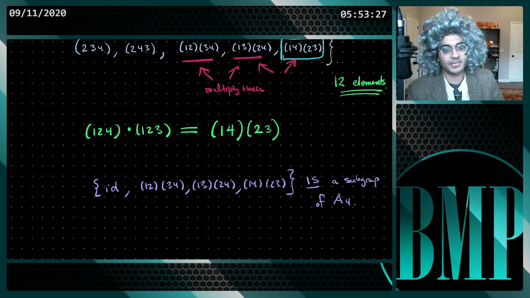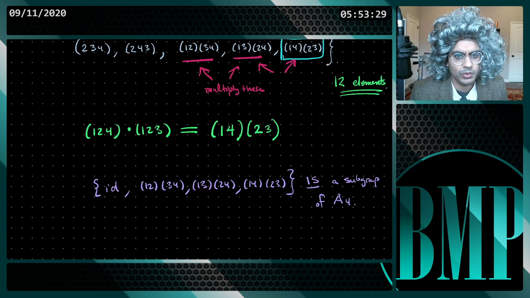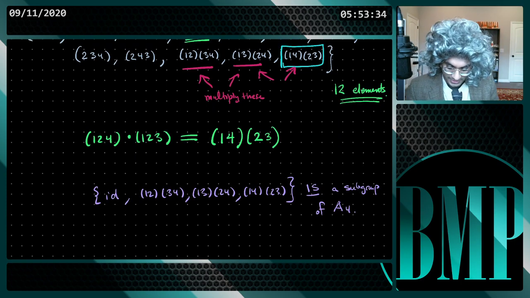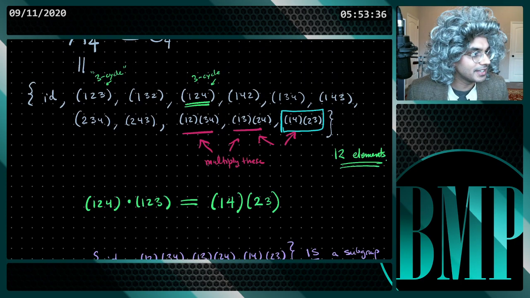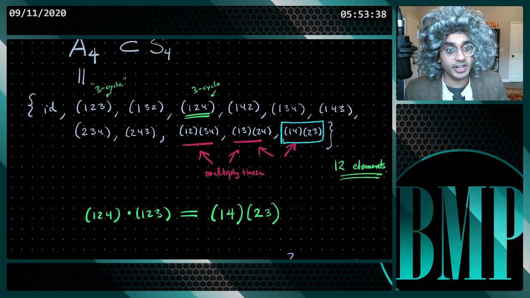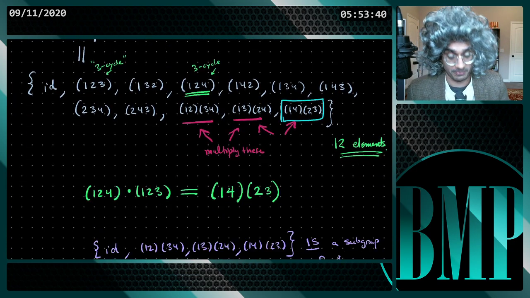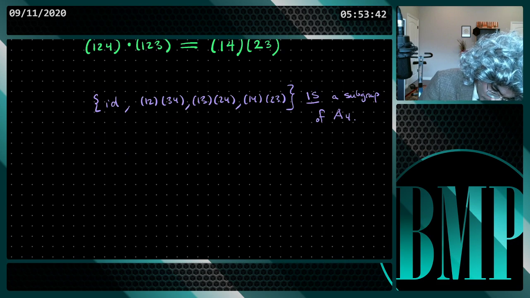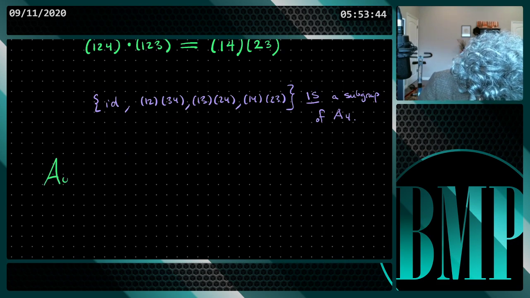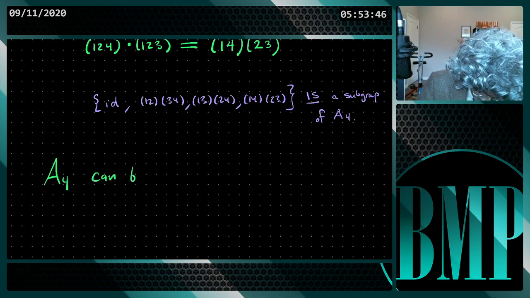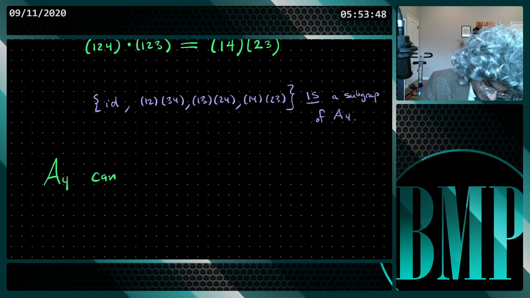Okay, great. So what do I do now? Oh yeah, that's right. What I wanted to show you next is where A4 can be found in nature. A4 can actually be found in nature.